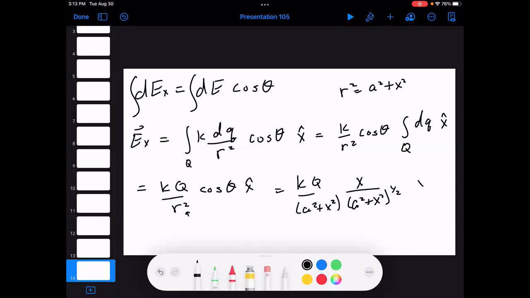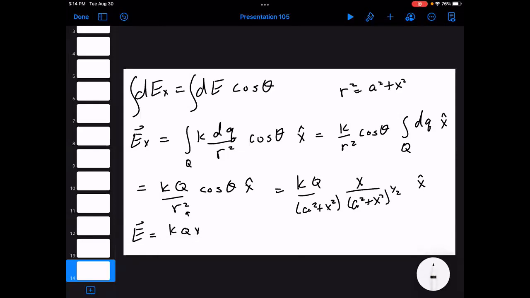We're pretty much at the end here, which is good because I'm out of time. Let me simplify this down a little bit. So we'll have kq times x, and then on the bottom we have a squared plus x squared to the 3/2, because we have 1.5 a squared plus x squared, and that's in the x hat direction.